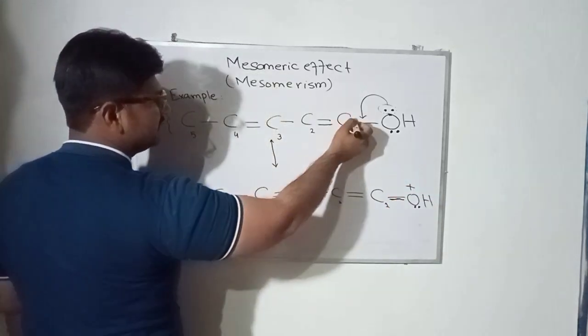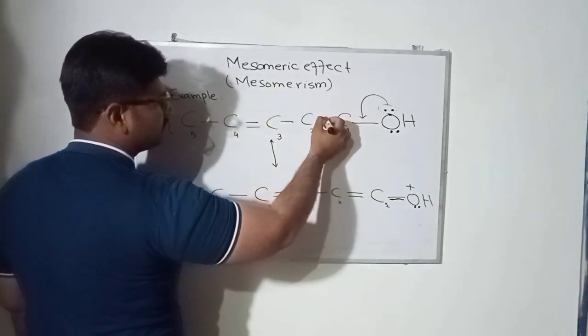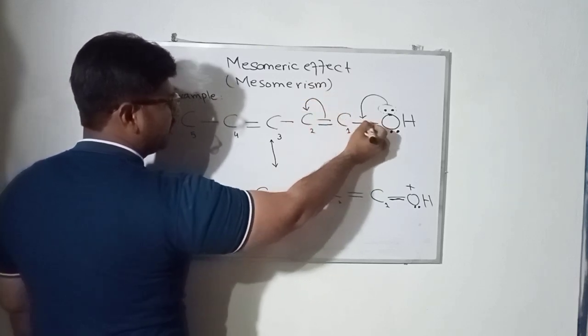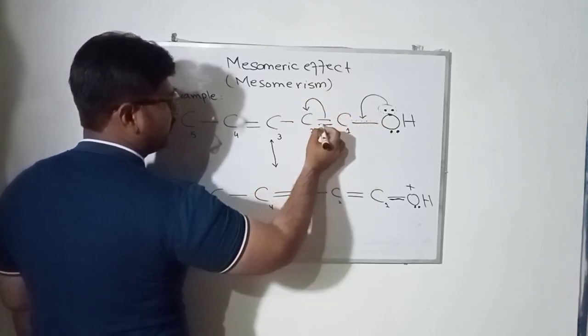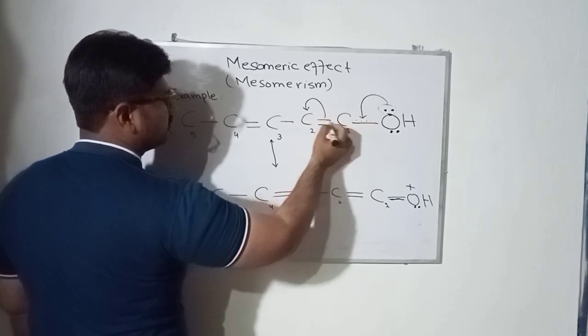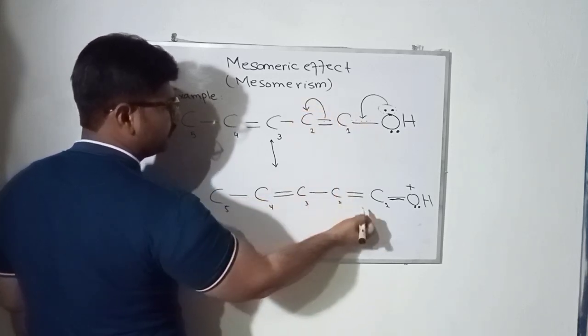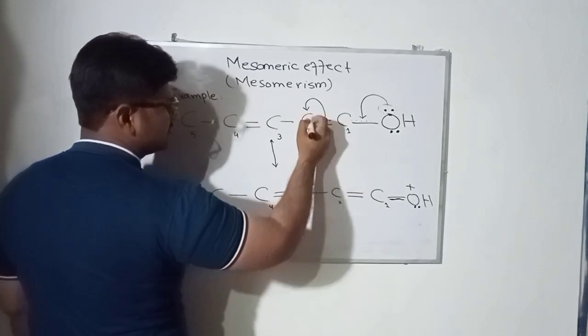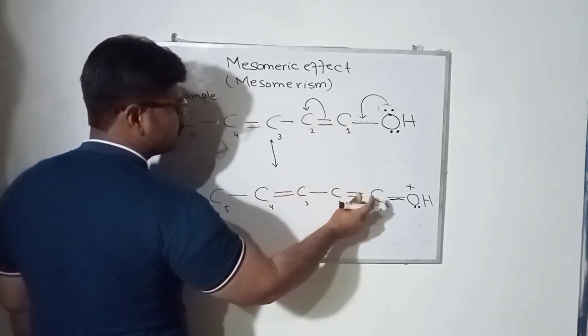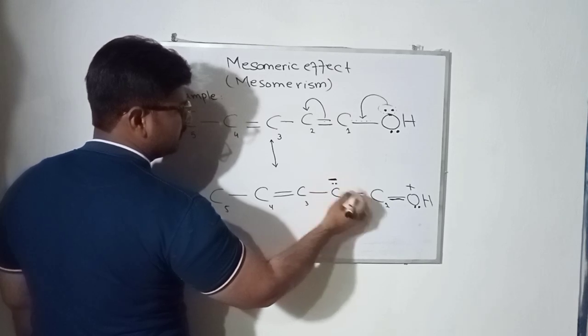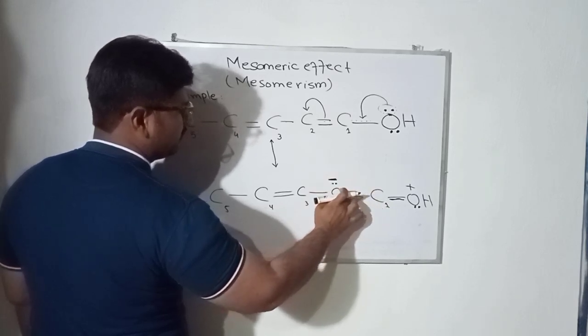Now the continuous delocalization of this electron will take place. Here the new bond has been formed, and this pi bond, due to electronic repulsion, gets repelled onto this carbon number 2. And so negative charge will actually appear onto carbon number 2, plus this pi bond will be removed.